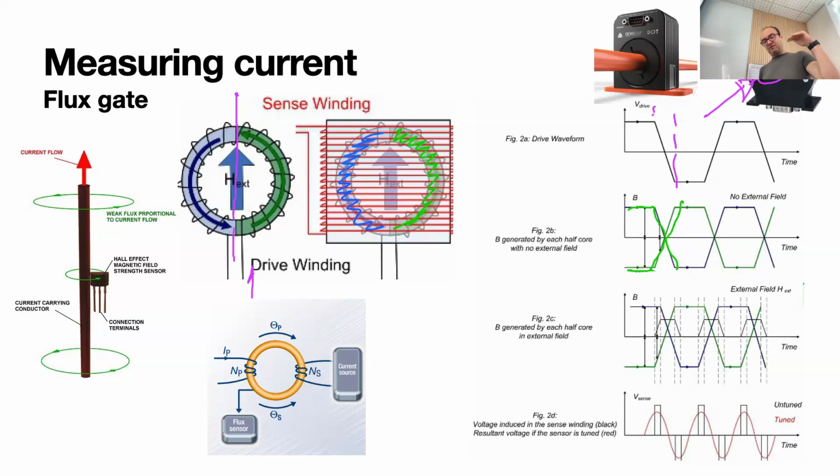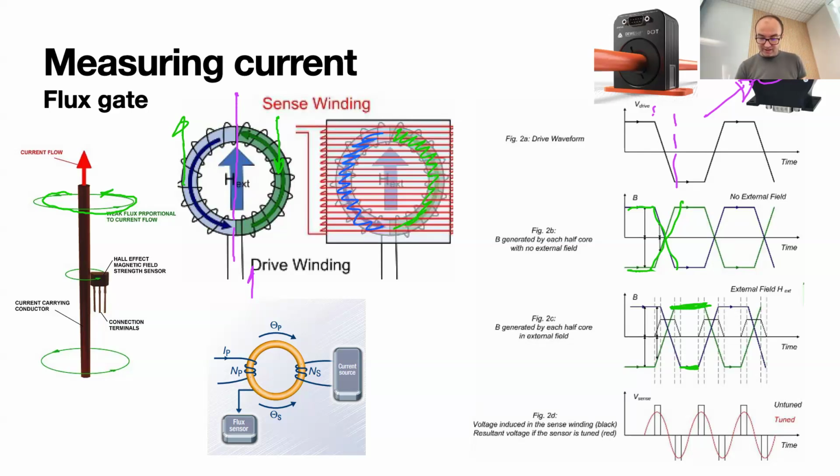If a current now starts to flow through this hole, this current will inevitably create an electromagnetic field around it, and it will make an imbalance in these two parts of the coil. This imbalance would mean that one part will become shorter and one part will become longer.